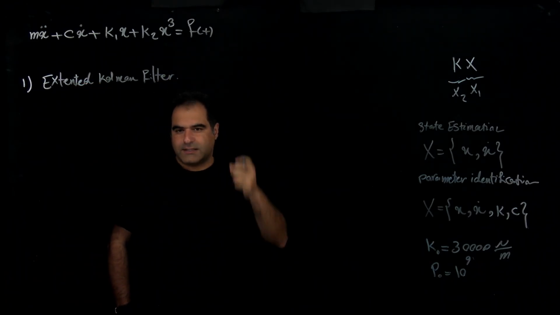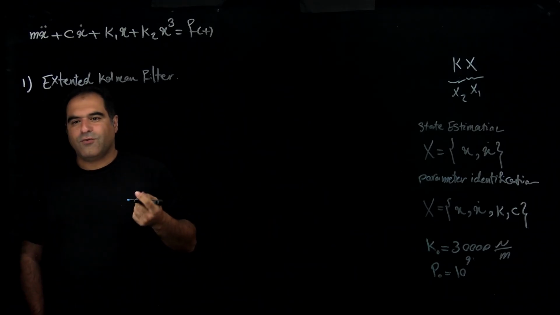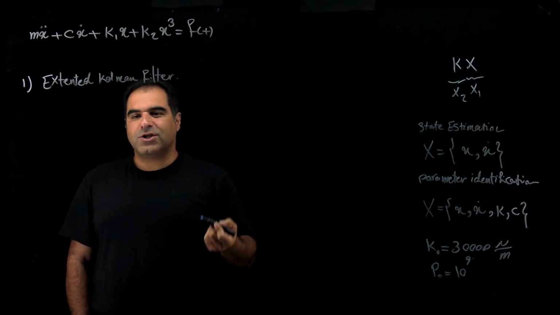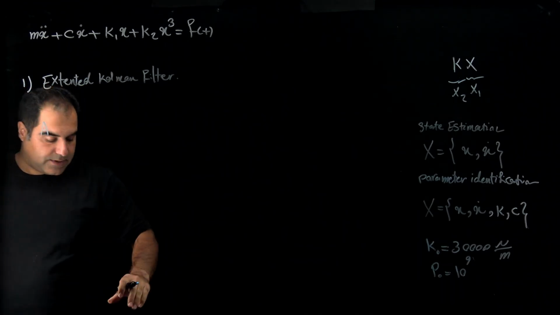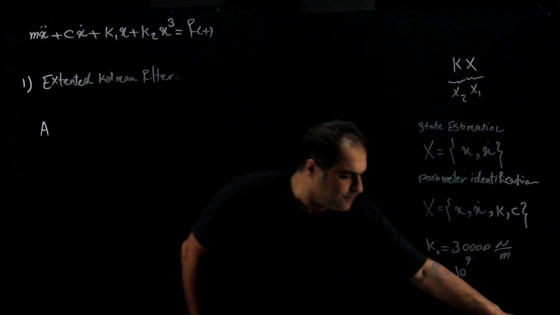What is the basis of the extended Kalman filter? The extended Kalman filter works based on the first order linearization of the Taylor series. Let me write it in another way.